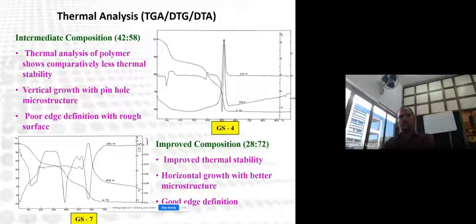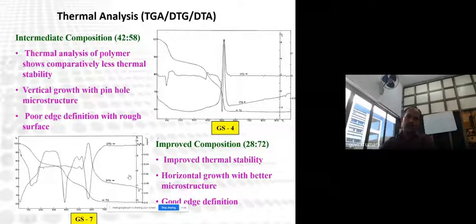As compared to this sample, the one which contains high solid content shows decomposition in three steps, where the organic slowly degrades and ultimately results in the ratio of 17 to 32.